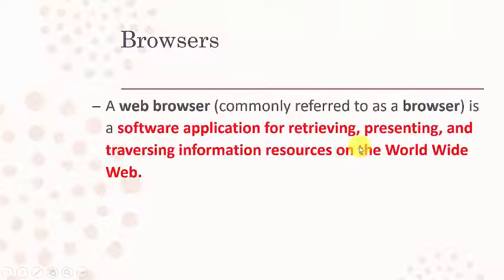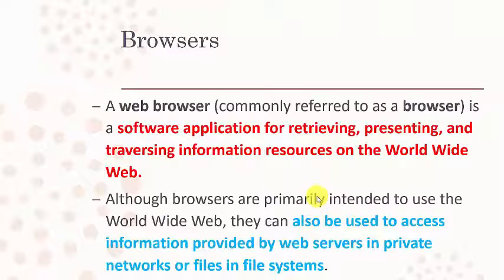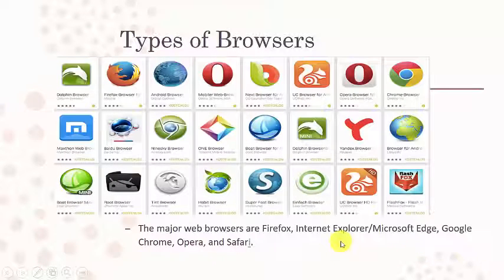Simply defined, it is software that enables you to retrieve, present, and transfer information across the internet. That's the primary purpose. They are also used to access information from web servers and private networks.